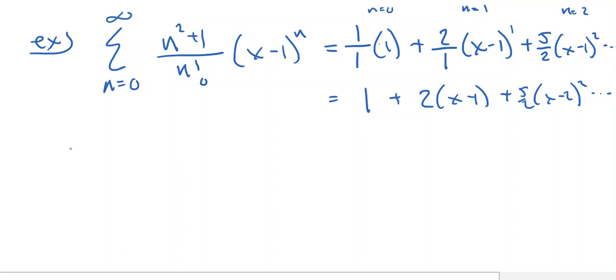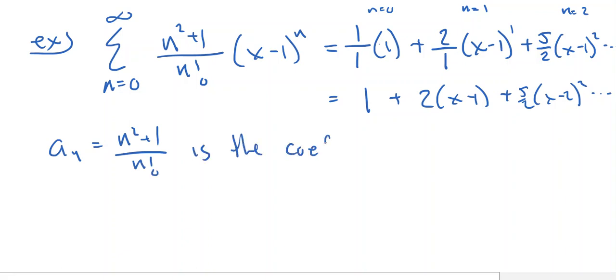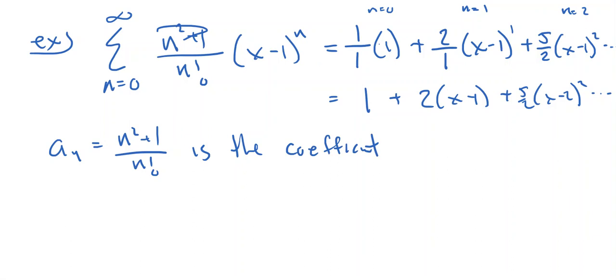And so in this particular case, a sub n, which is n squared plus 1 over n factorial, is the coefficient. And again, you can see because of this, this gives us all of the coefficients.